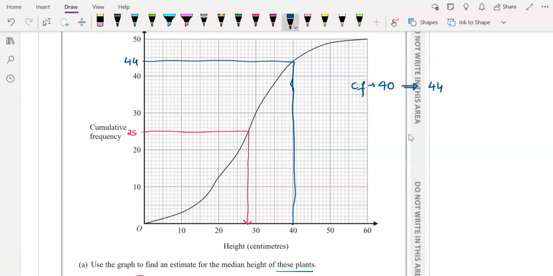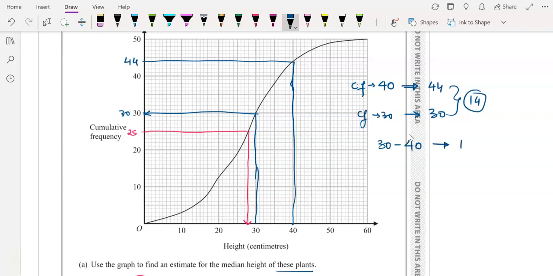Now we will find the cumulative frequency for 30. So for 30 it is 30. So the cumulative frequency for 30 is 30. Now to find in between, we'll subtract 44 minus 30. So the frequency for the group 30 to 40 is 14. Okay. Next one.